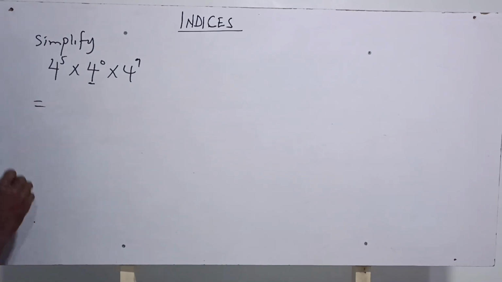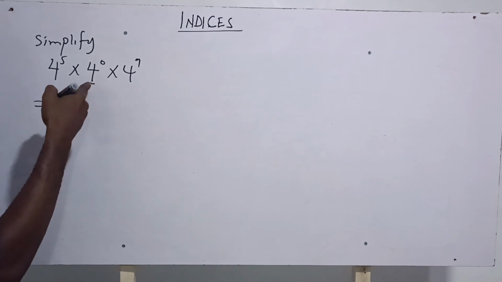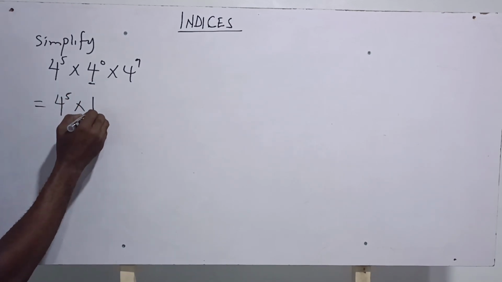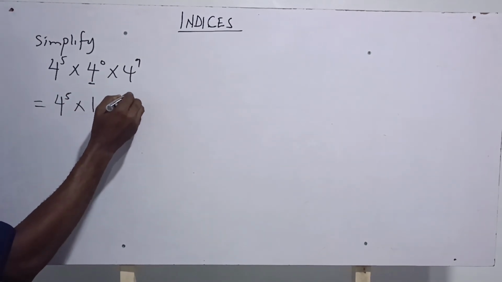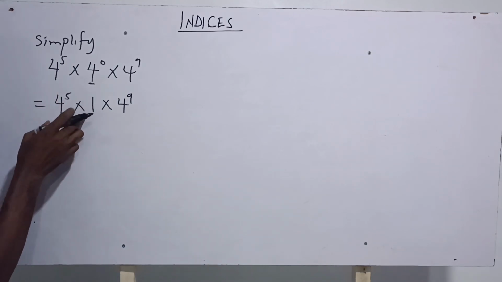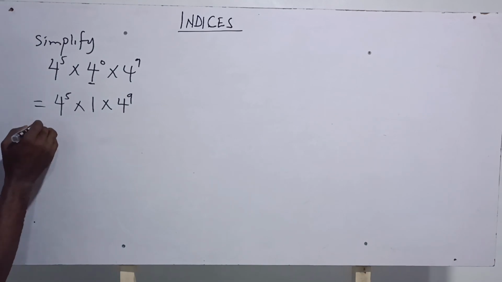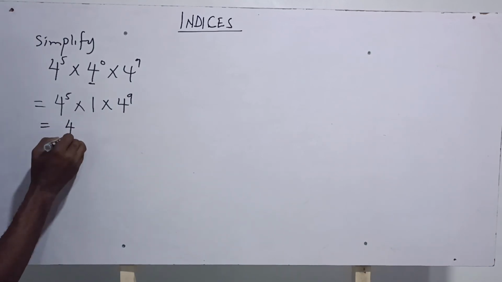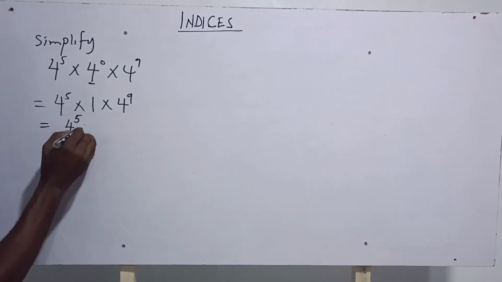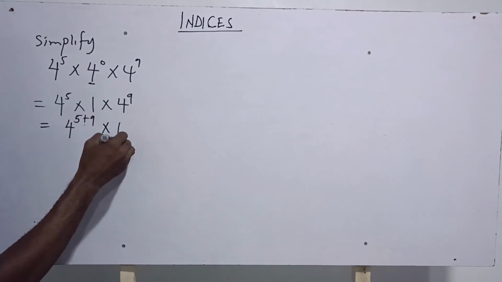So here we are going to have 4 raised to power 5 multiplied by 1 multiplied by 4 raised to power 9. We can see that they have the same base, so 4 raised to power 5 plus 9, multiplied by 1.